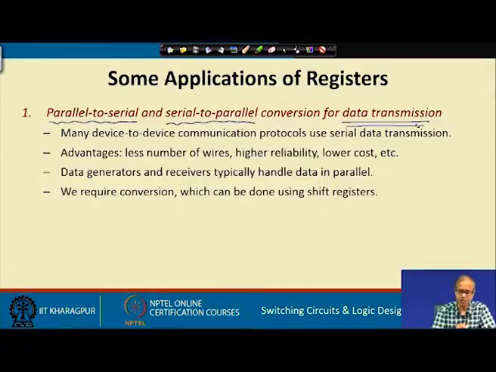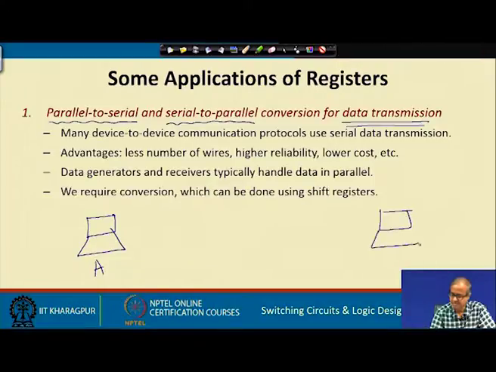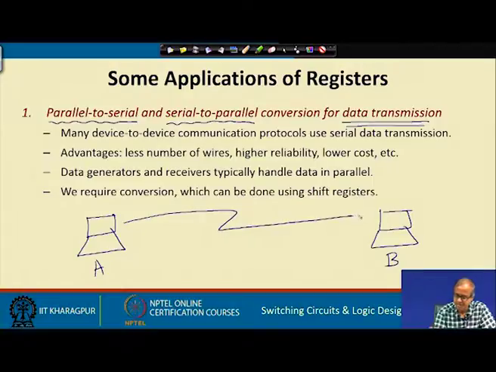Let us try to motivate why we need this. Imagine that you have a computer here, computer system A, and there is another computer system out here, B. We want to transmit some data from A to B. B can be a computer, or some other peripheral device like a printer, but you are required to transfer some data. Now, inside A or B, data representation is parallel.